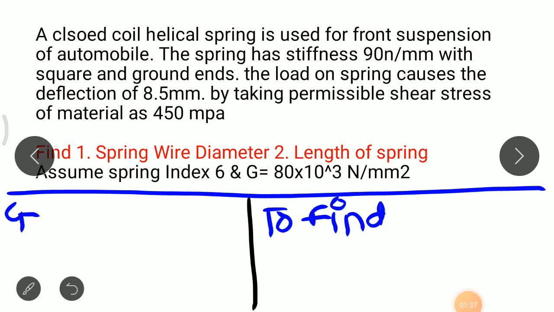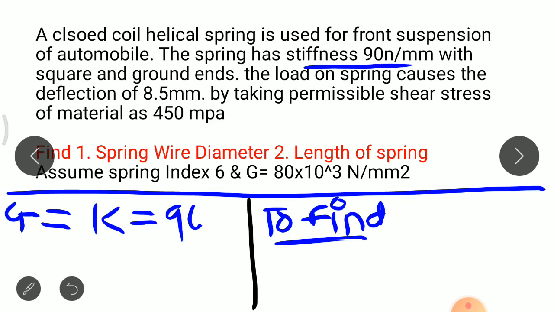Here we will write the given data and what we have to find from this statement. First quantity, that is K, the stiffness of spring. K is equal to 90 Newton per mm. After that, the deflection after applying the load is 8.5 mm, so I will write here delta is equal to 8.5 mm.